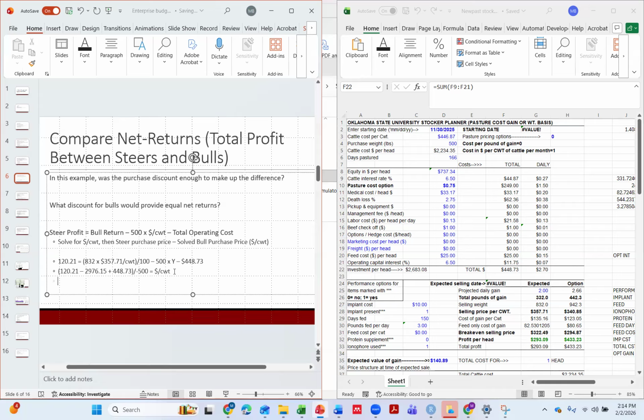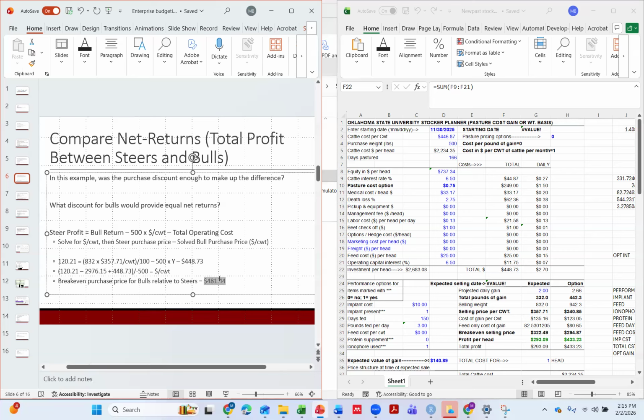Okay, so our break even purchase price for bulls relative to steers is equal to $481.44.